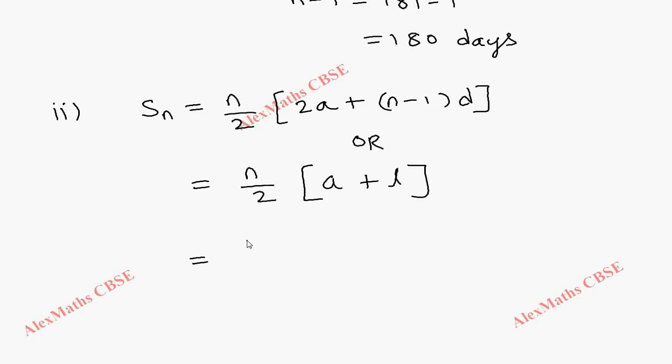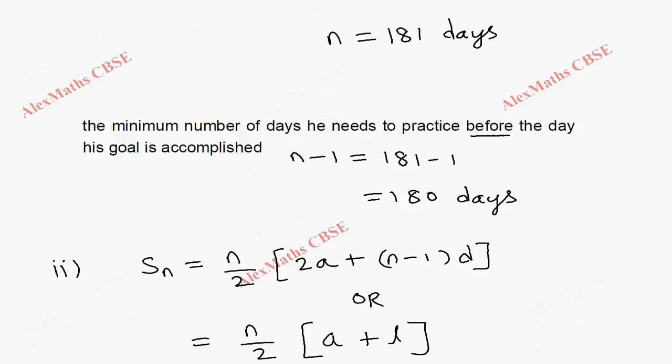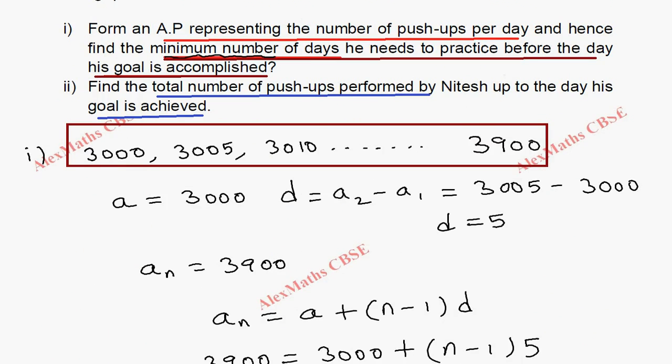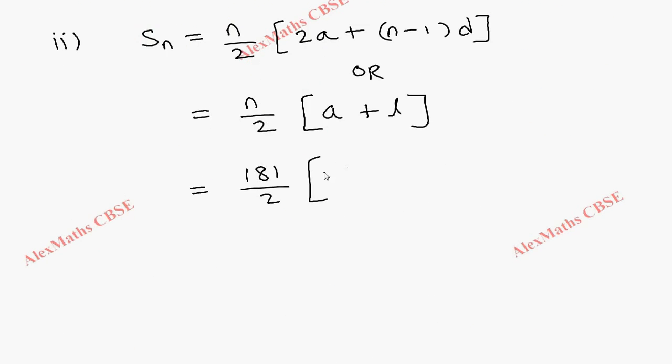Since we got the value of n as 181, we substitute this, and I'm going to use the second formula because from the series we know the first term a and last term L, that is 3000 and 3900. So this is 3000 and this is 3900. Now this is 181 by 2.